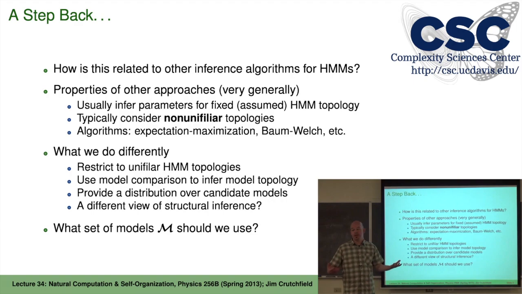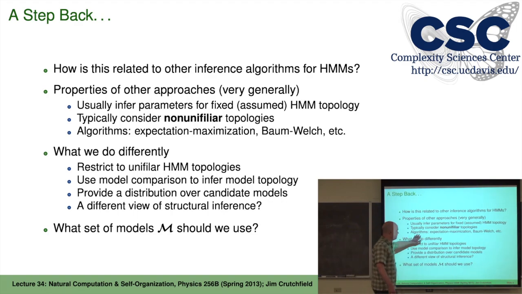It's a certain number of states, certain number of connections, the outputs are of certain types. And they're often considering non-unifilar topologies. So there isn't a unique start or a unique path given a start state through these things. And as a result, you end up with a whole class of algorithms that numerically optimize the transition probabilities to agree with the observed data.